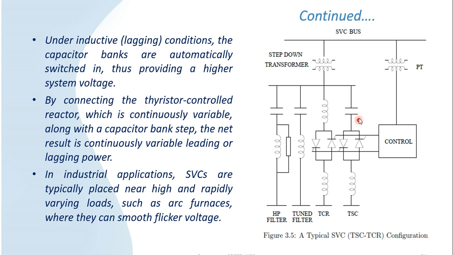This is a capacitor which is switched by using thyristors. And this is an inductance which is controlled by using a thyristor arrangement. This thyristor back-to-back arrangement acts like an AC voltage controller. So it controls the voltage or output of the AC by this back-to-back arrangement.